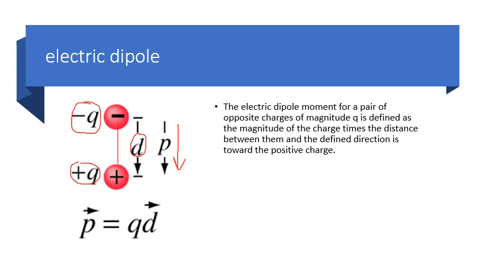This dipole moment is a product of charge and separation between these two, and it is always towards the positive charge. And yes, p is equal to qd. This p is also a vector quantity.